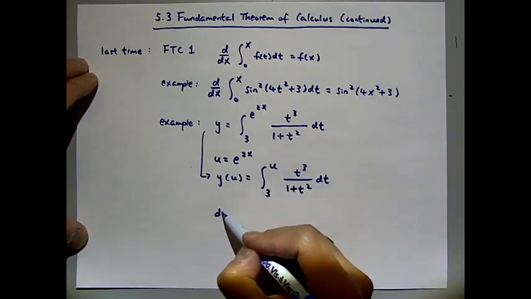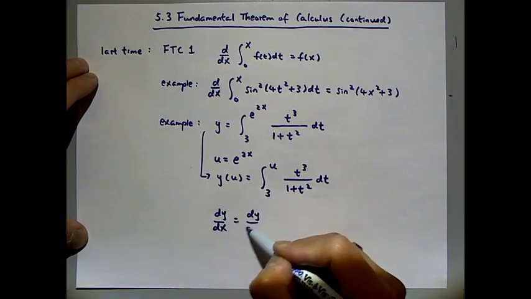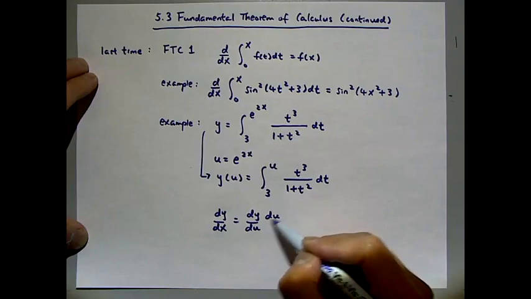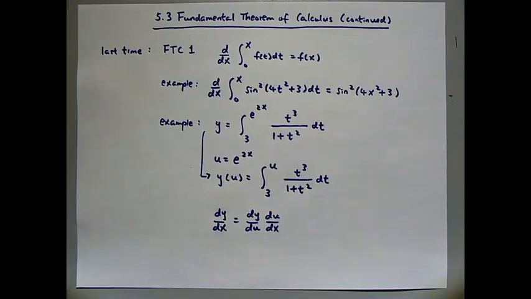Then, by the chain rule, to find the derivative with respect to x, we take the derivative with respect to the intermediate variable u, which is e to the 2x, then multiply by the derivative of that u, the standard chain rule stuff.